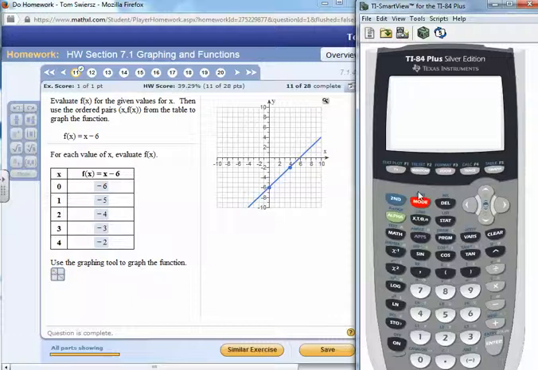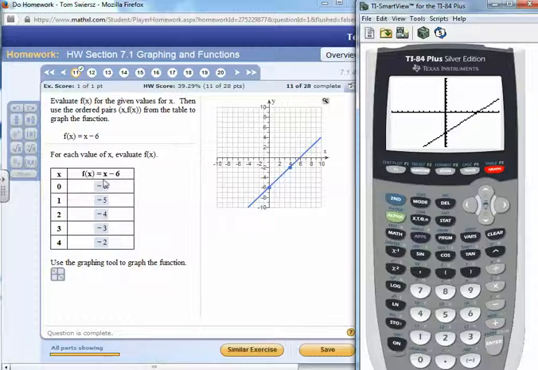Then go to Y equals, which is right below the calculator screen, put in x, which is next to the green alpha, then subtract 6. If you want to see a graph, hit the graph key, far right, and there it is.